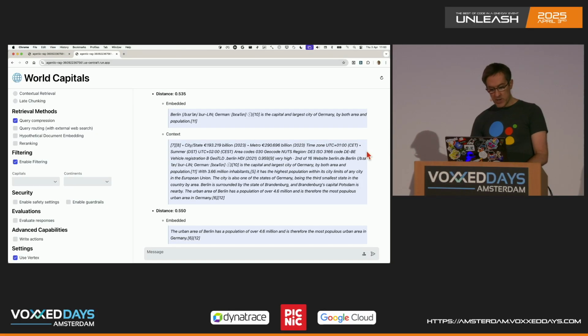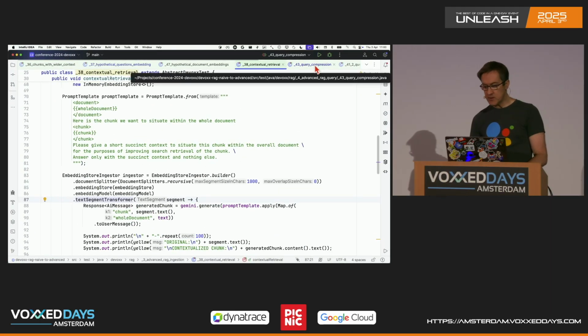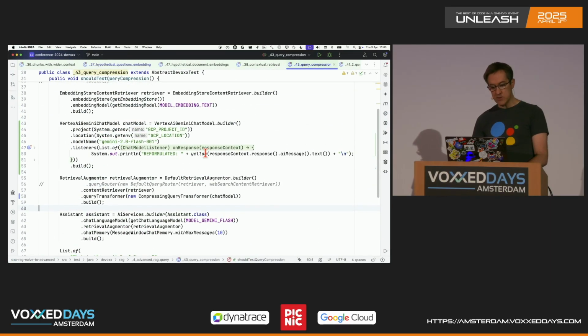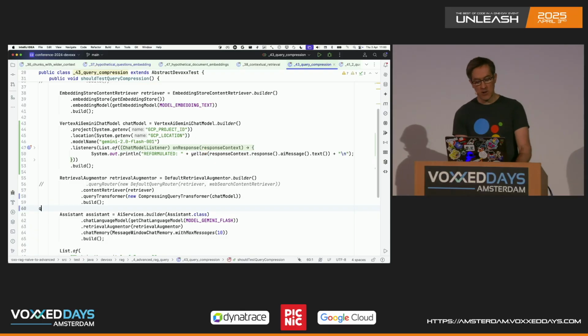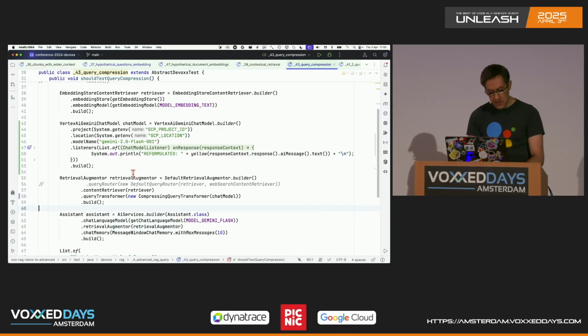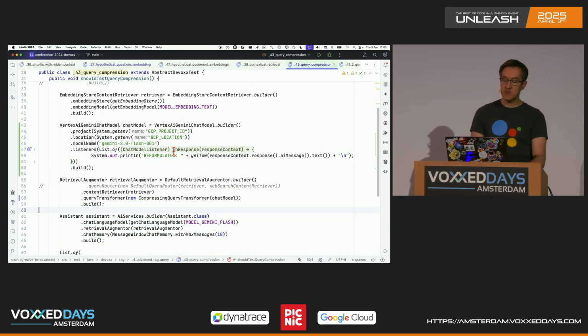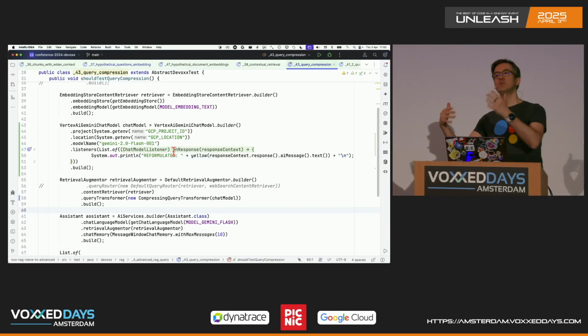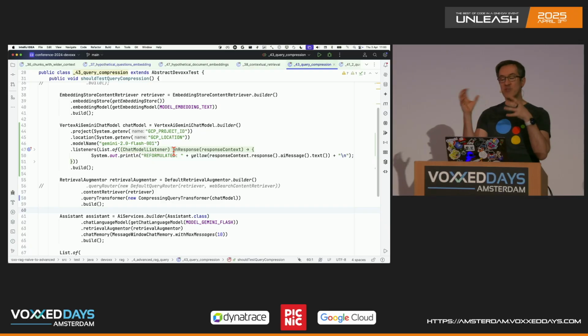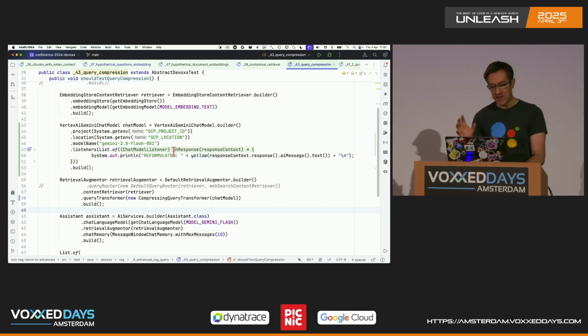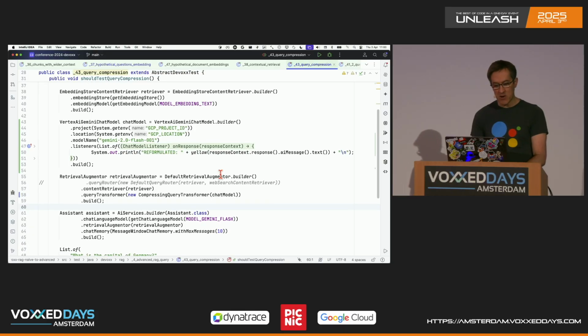So that's query compression. And in terms of code, in this one, I'm actually using the higher level abstractions from Langchain4j, which is more concise, but when I want to show you how things are implemented under the hood, sometimes I have to go slightly at a lower level.